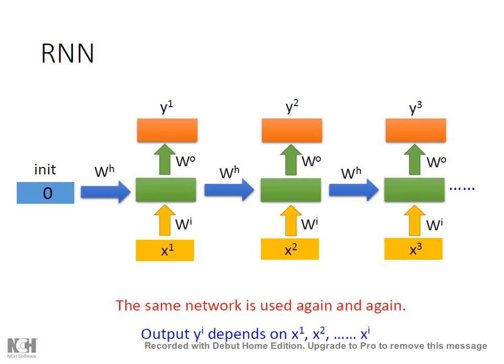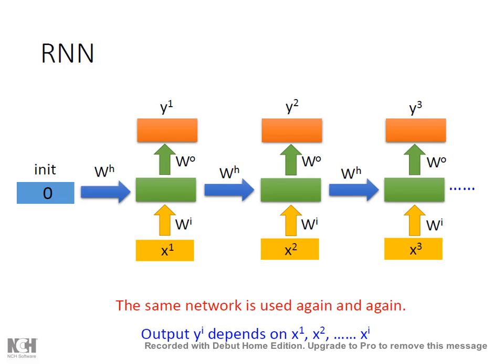Okay, so I think it's just a simplified version of the previous slide, very similar, right? Actually, you can see the first time step, the second time step, the third time step.